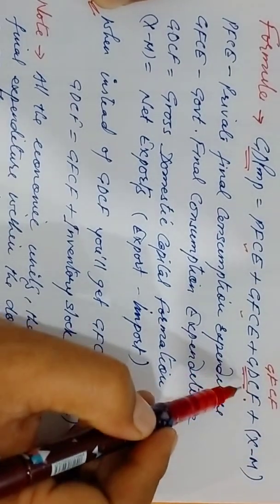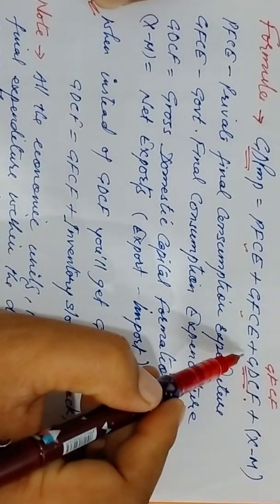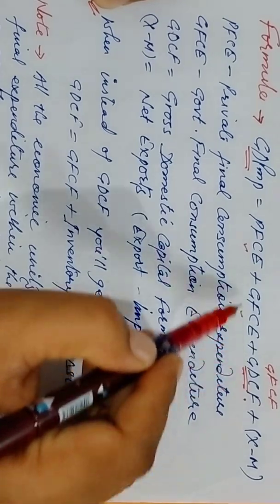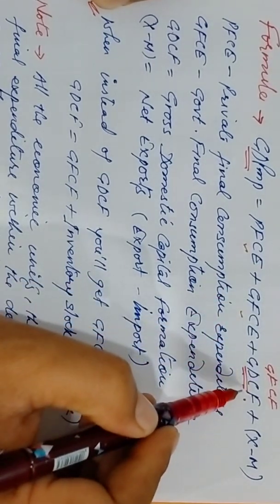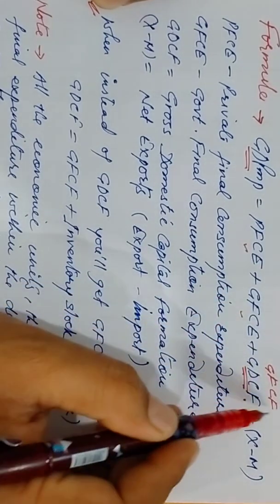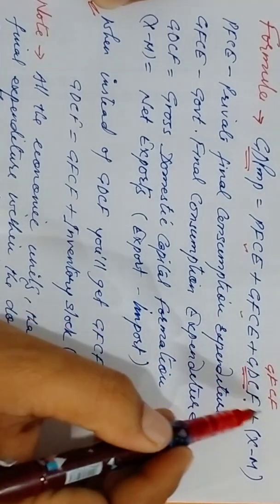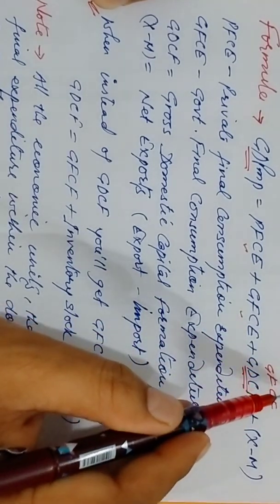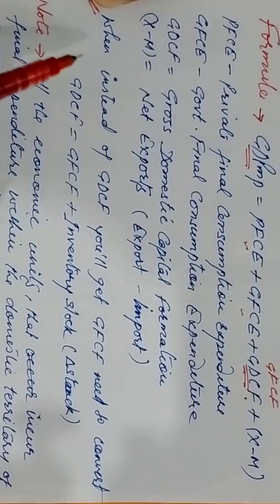So what will you do if the values are not given as per the formula written here? This is the only problem you will face during the examination, so focus on this.